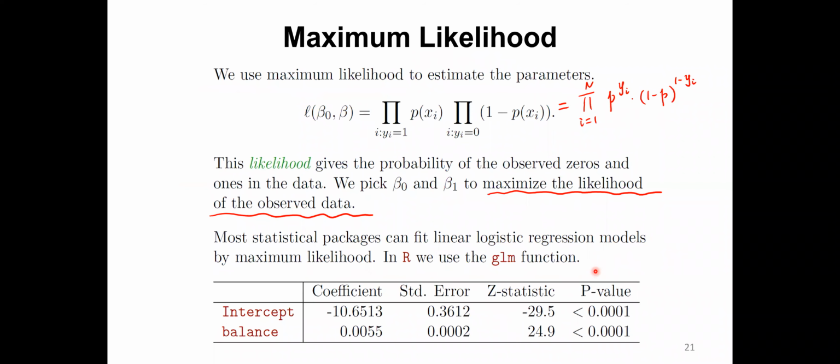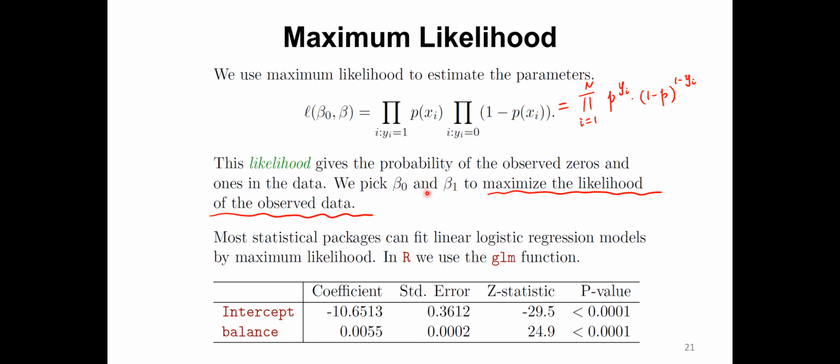We use maximum likelihood, and because y equals 1 or y equals 0, the likelihood equals the multiplication of P to the power yi, times 1 minus P to the power 1 minus yi. It's the same as what we just discussed, maximum likelihood estimation. This likelihood gives the probability of the observed zeros and ones in the data.